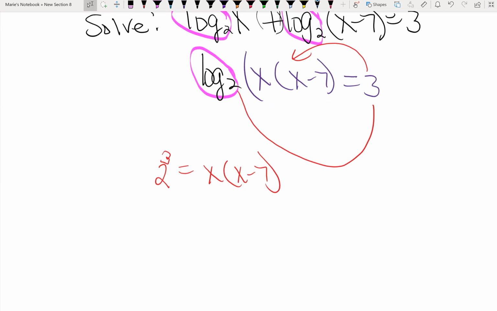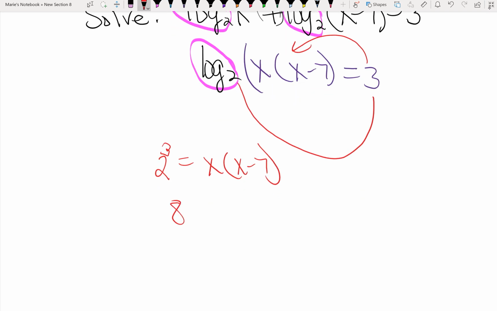Now you have a trinomial, because all you have to do is solve for each of these. So this is x squared minus 7x. If I subtract the 8 on both sides, this will give me 0 is equal to x squared minus 7x minus 8. I just have to factor this.